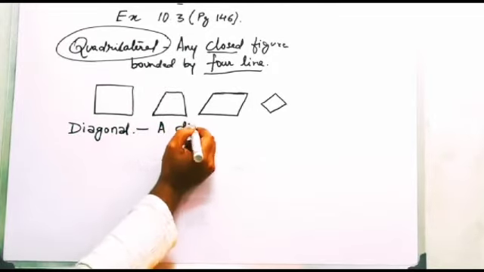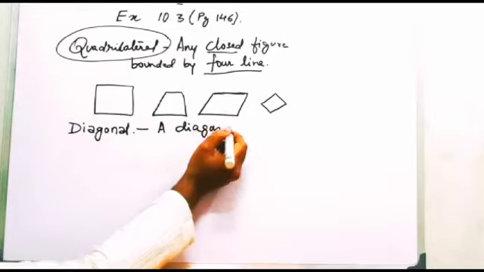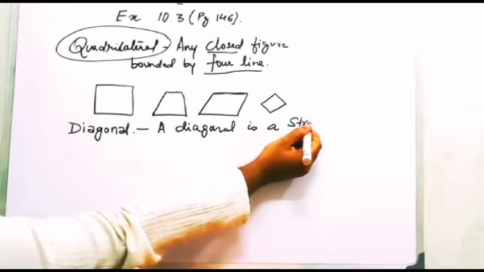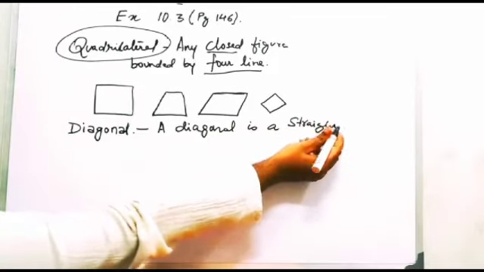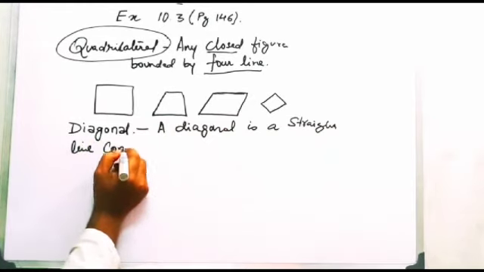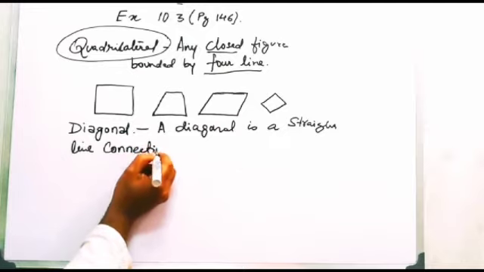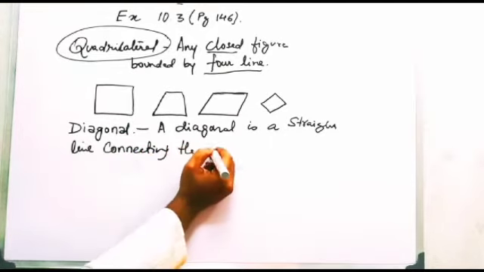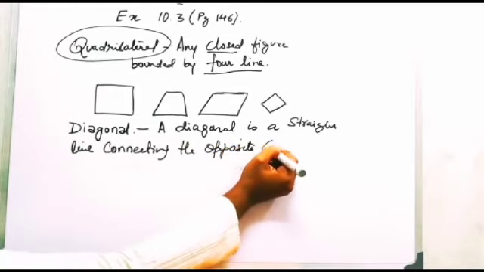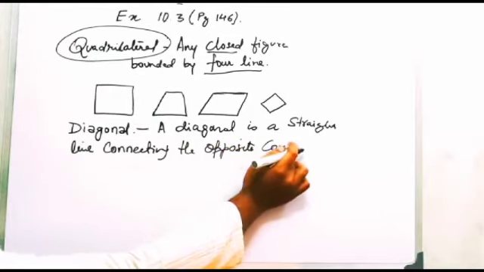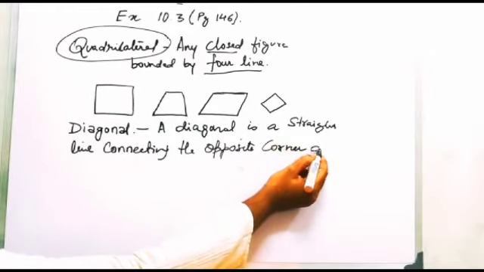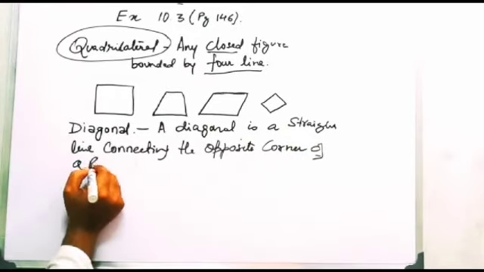A diagonal is a straight line connecting the opposite corner of a polygon.